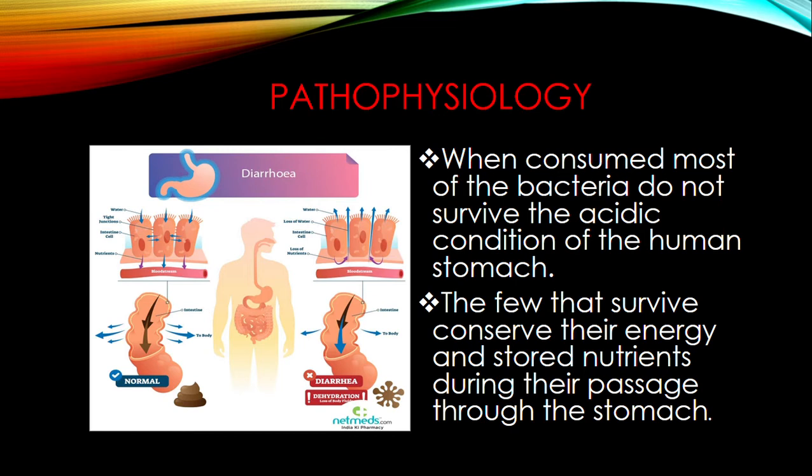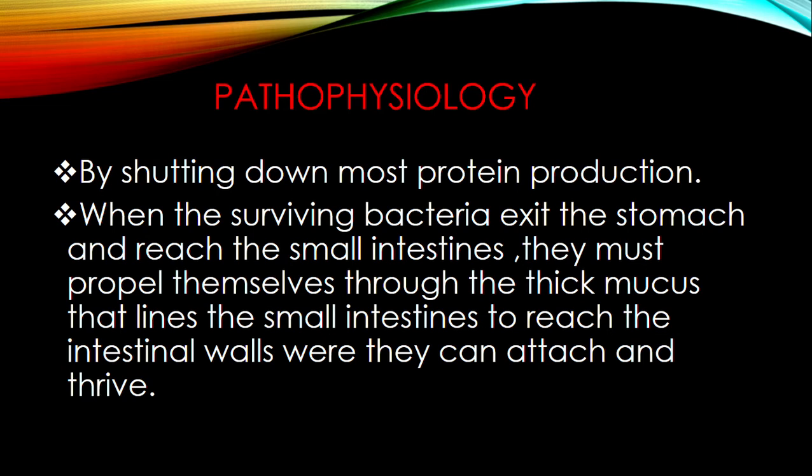So the bacteria itself will conserve the energy that it has in the stored nutrients as it's passing along the stomach. So we are saying that it does that by shutting down most protein production.